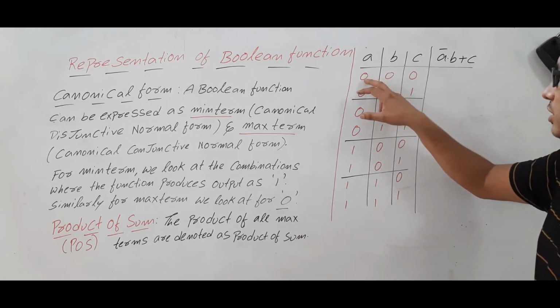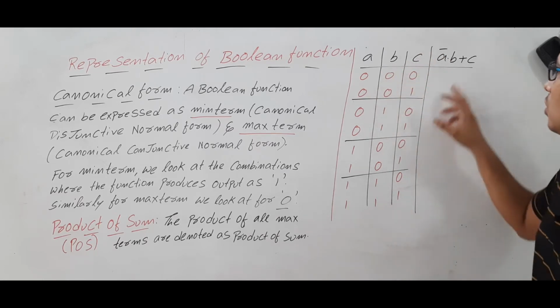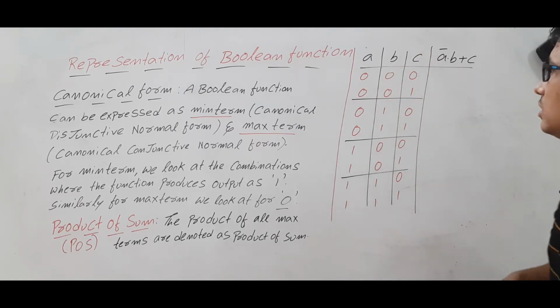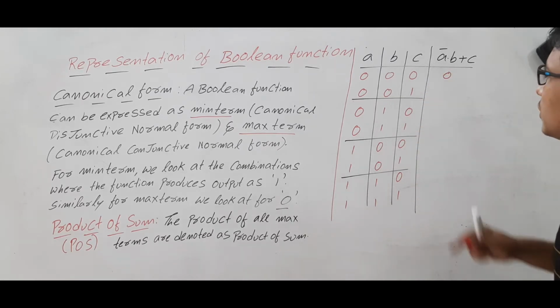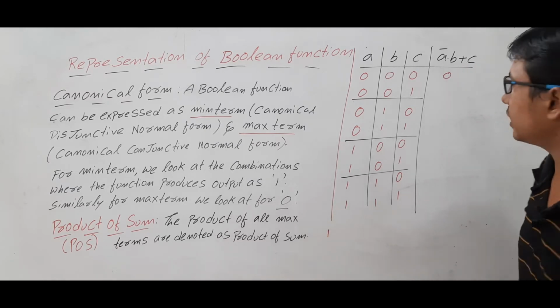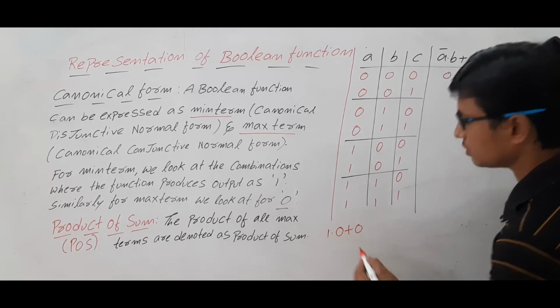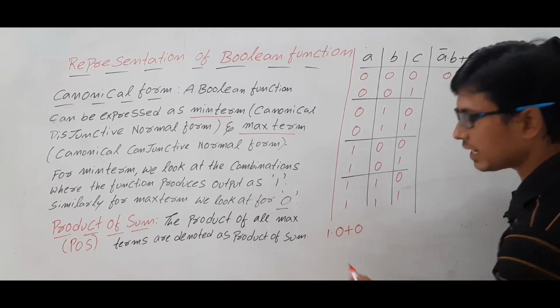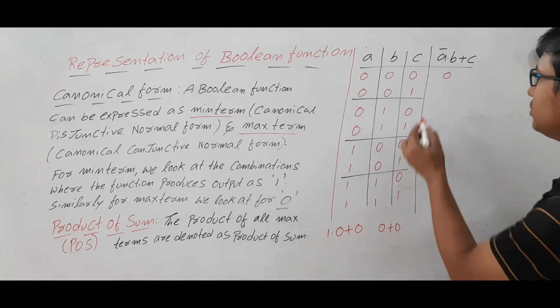Now if I give the A value as 0, B value as 0, C value as 0, the function will produce the output as 0. If you want to verify, you can. A's complement is nothing but 1, and 1 and 0 is 0, and 0 or 0 is equal to 0.